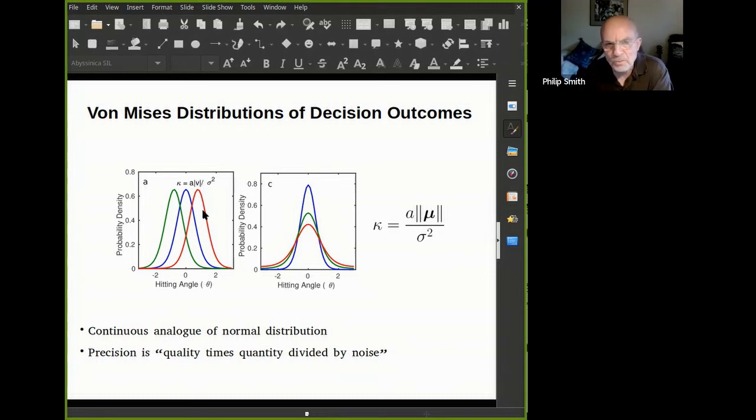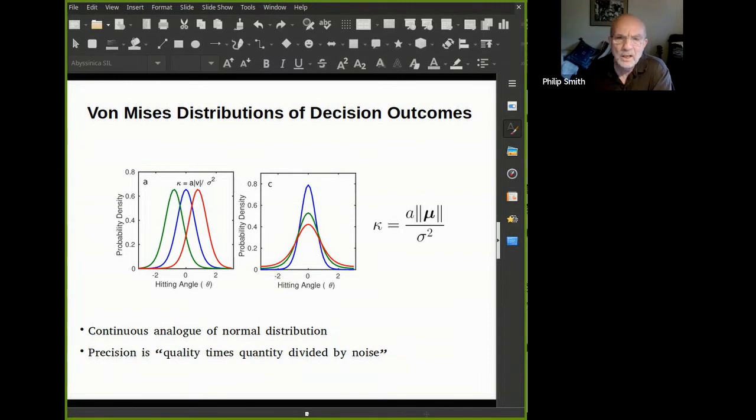So the three distributions in the panel on the left show three predicted distributions of decision outcomes for different values of the polar angle of the drift rate. The distributions are otherwise the same, but the center of the distribution moves. Now, the von Mises distribution is characterized also by a precision or a concentration parameter.